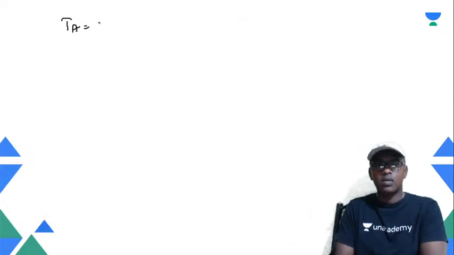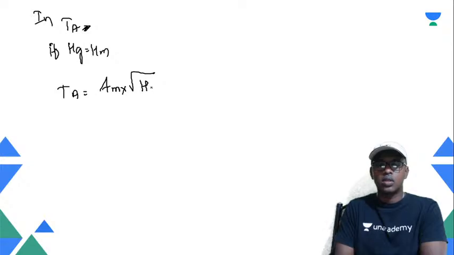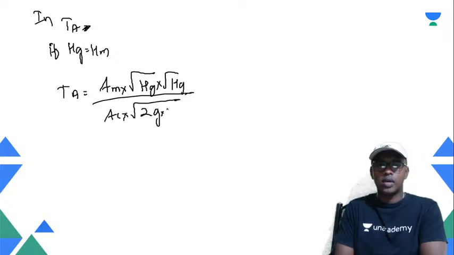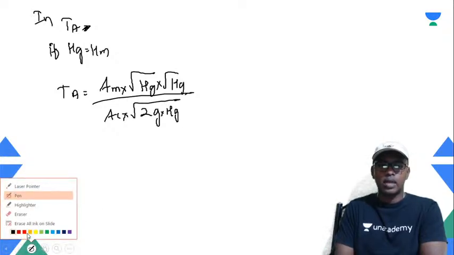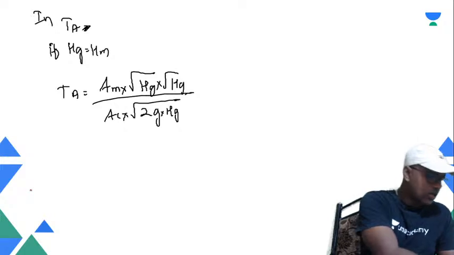In T of A, if H of G is equal to H of M, then T of A will become AM into root over HG into root over HG, correct? Divided by AC into root over 2G into HG. Or you can even write this as HM also. Okay, I'll write it as HM here.